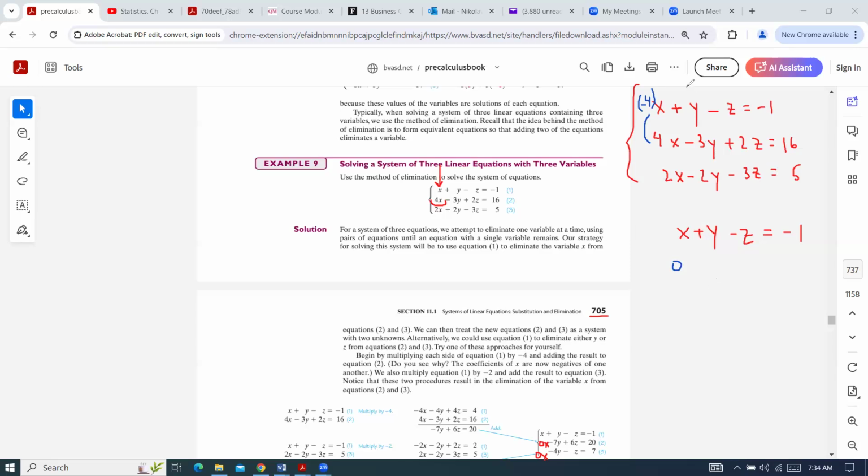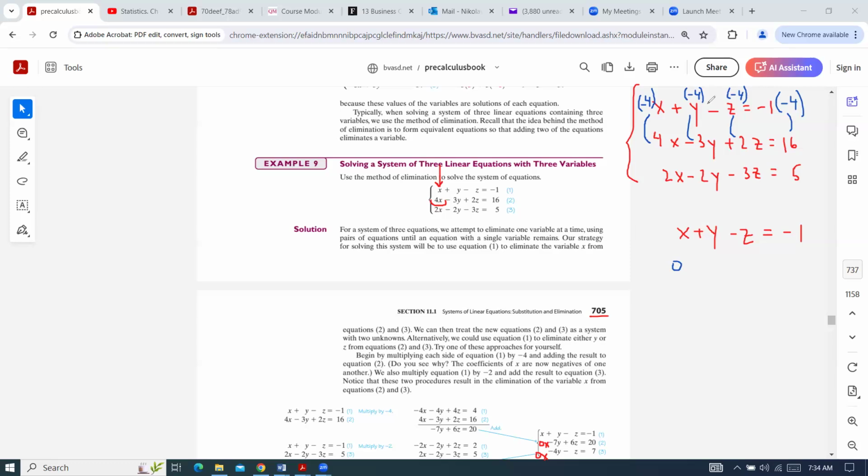And I need to pay the price for that. I need to multiply the negative 4 by each term of my first equation, and then collect these with the terms down below. So I'm only working right now on the first two equations.